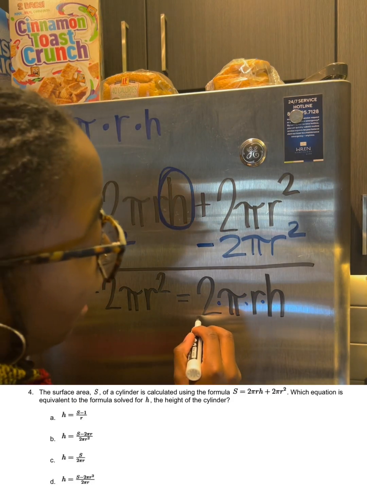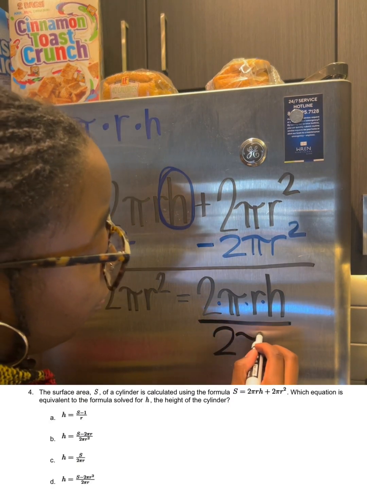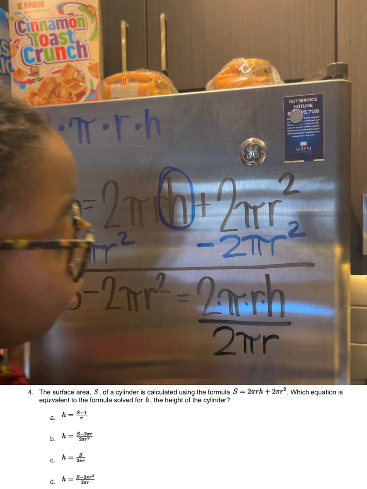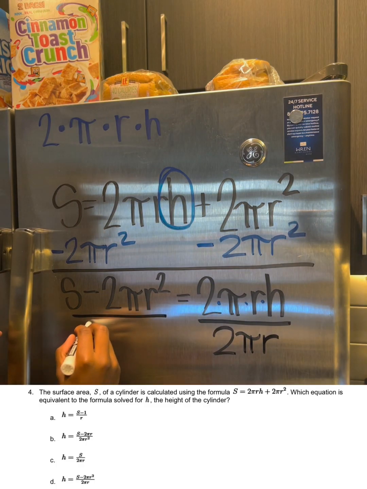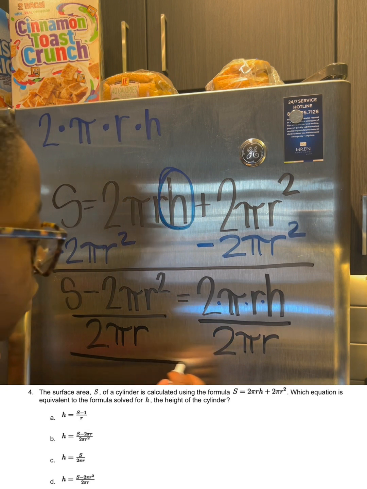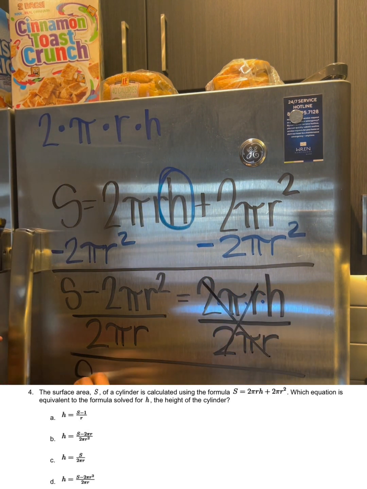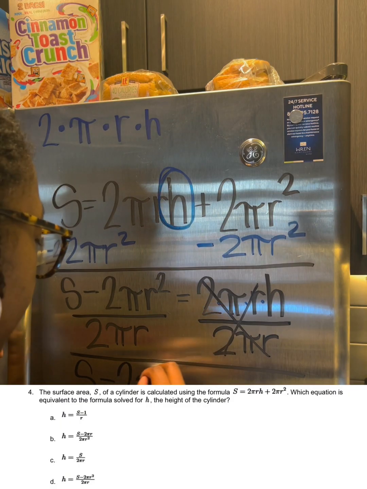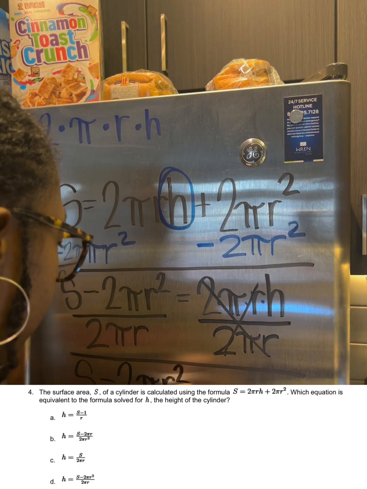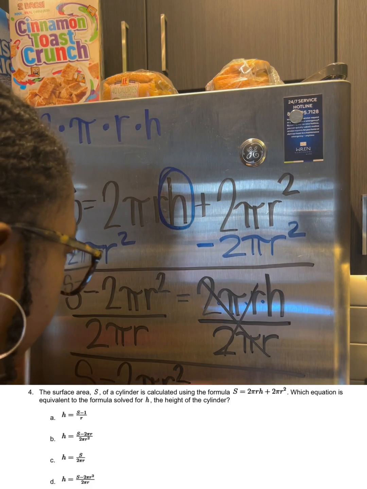So I'm gonna divide by everything I wanna move. I wanna move 2, I wanna move pi, and I wanna move r. And leave h over there by itself. These cancel out. My answer is S minus 2 pi R squared divided by 2 pi R.